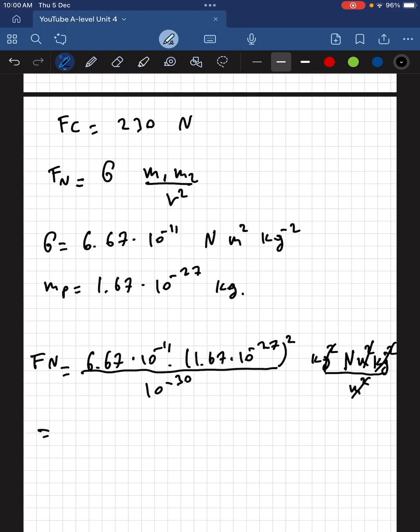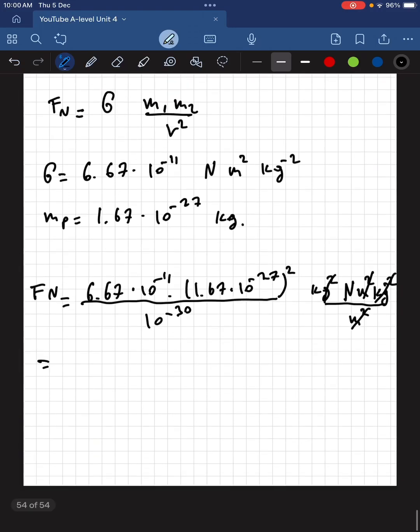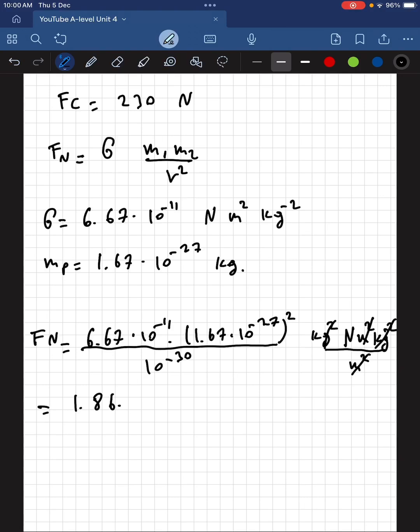Okay, so this force turns out to be 1.86 times 10 to the negative 34 newtons.